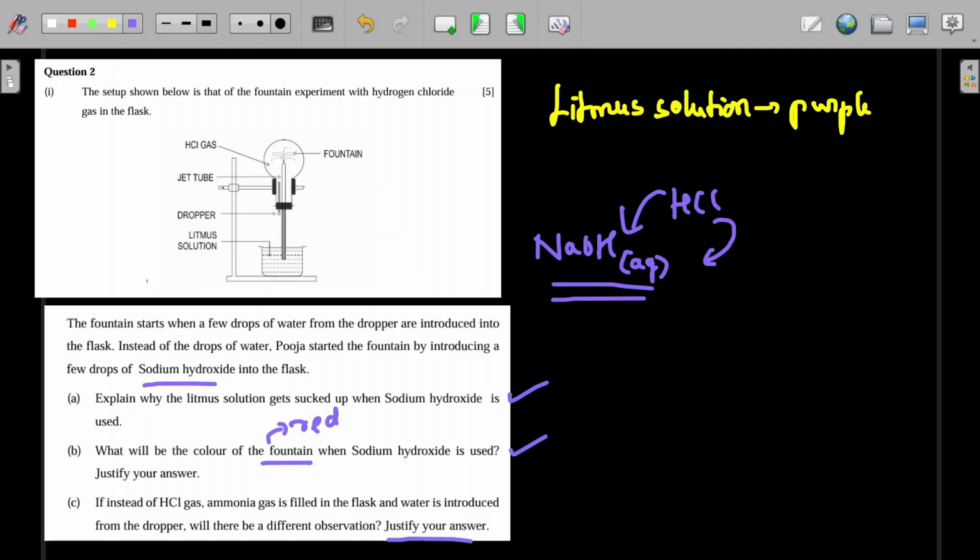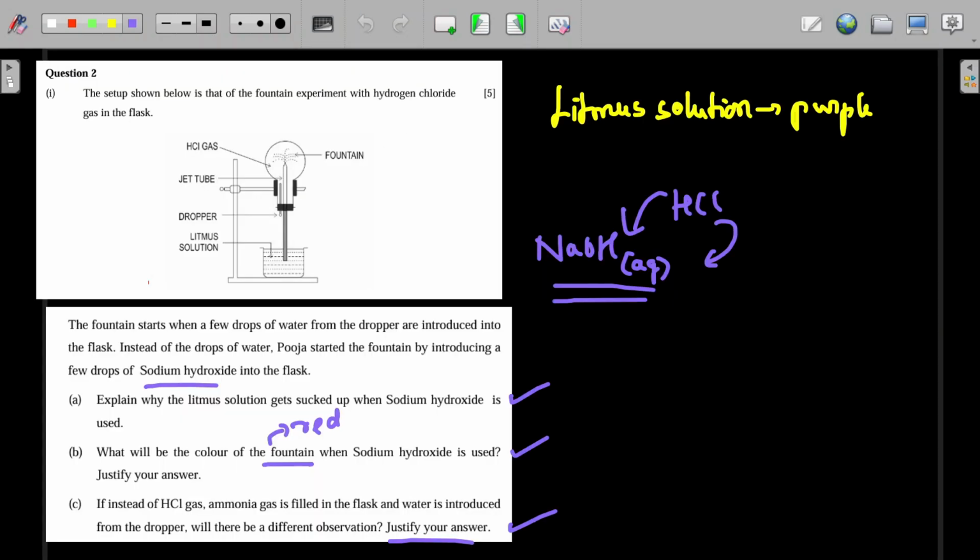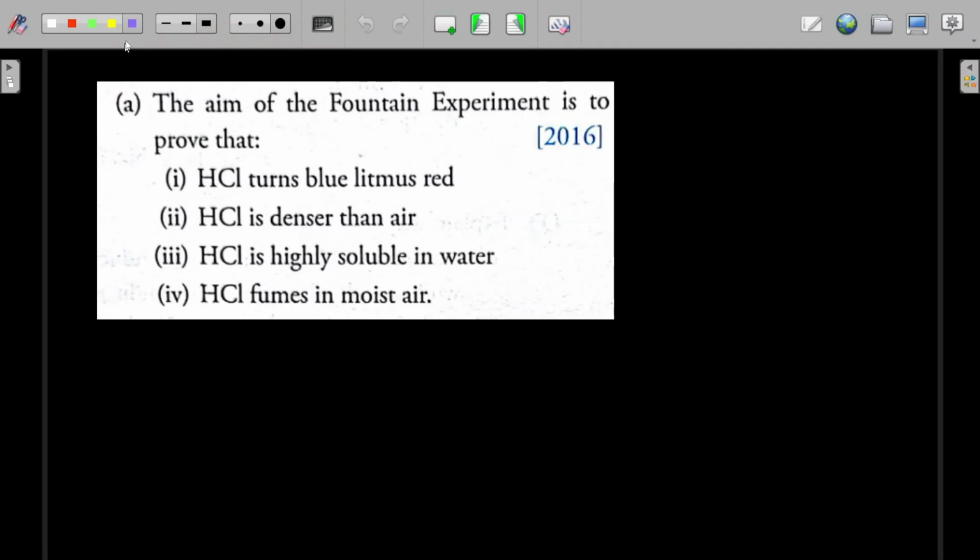Justification you have to give: ammonia is a basic gas, so it will give a blue fountain instead of red. Okay, so these are some questions from this. This was given in the specimen, maybe the 2024 specimen paper, it seems. And that time they didn't give the key answer also. So that was one more thing.